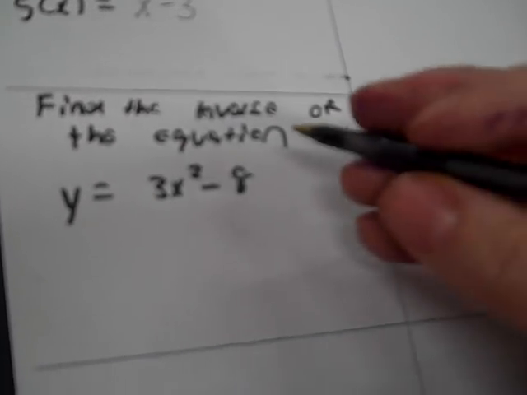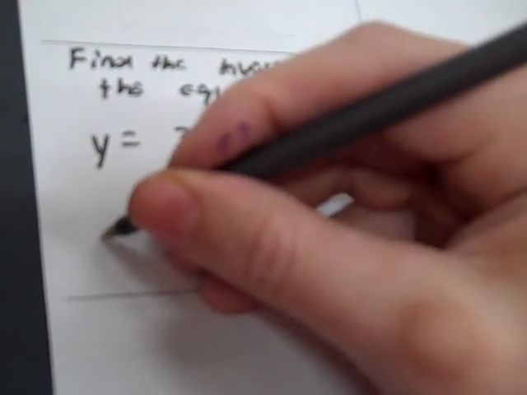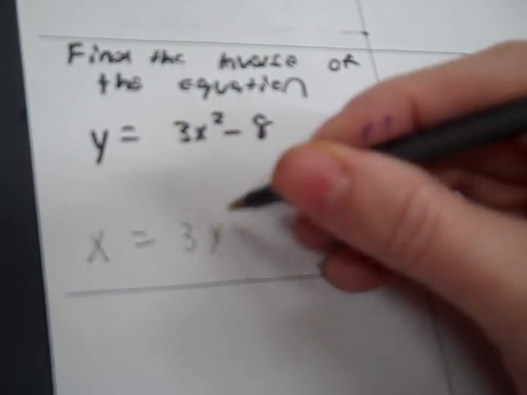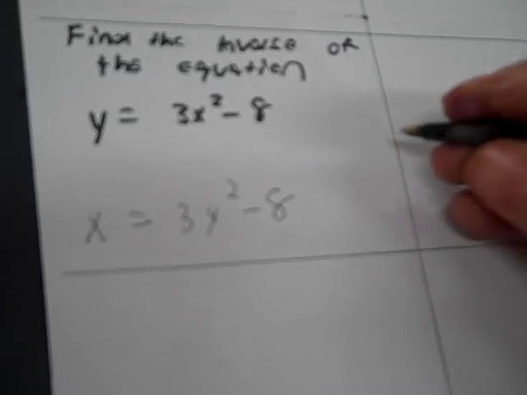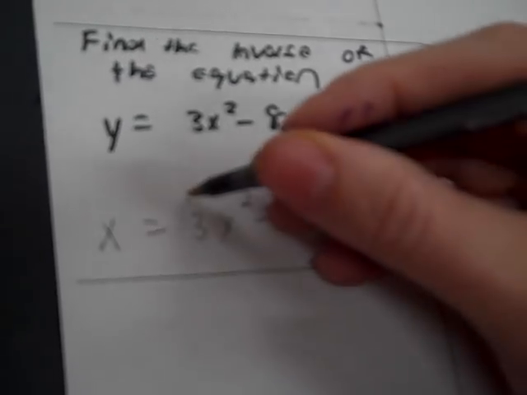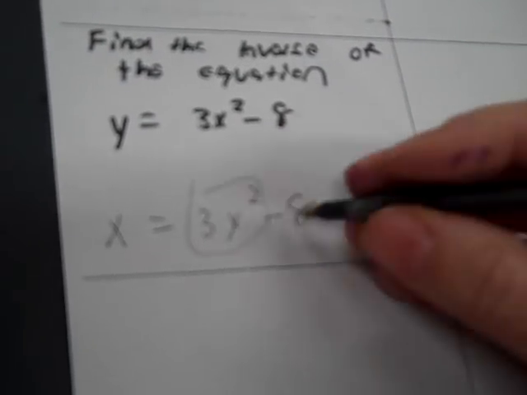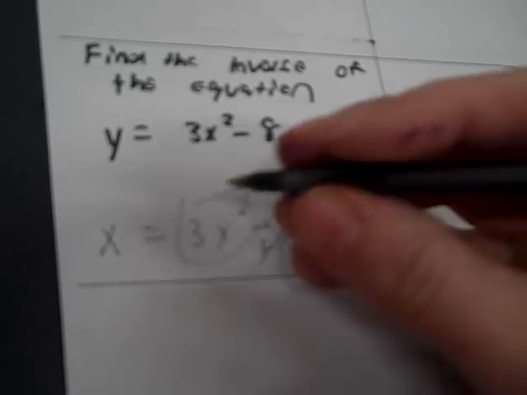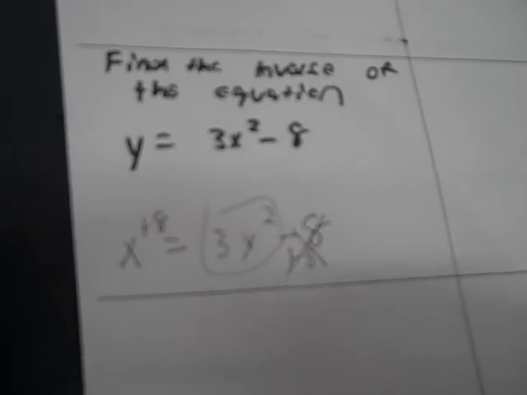First thing, you need to switch the x and the y. Okay. Now you need to isolate the y. Okay. So I got an 8 that I need to add, and that would be added to x, but I don't have x. It's not 8x, it's multiplied by 8.